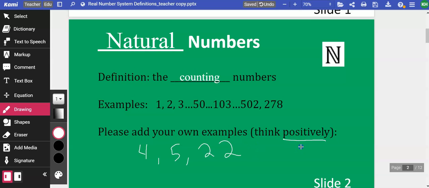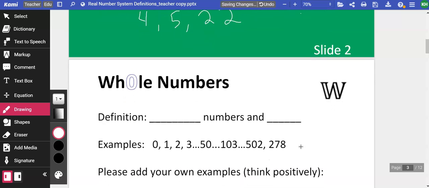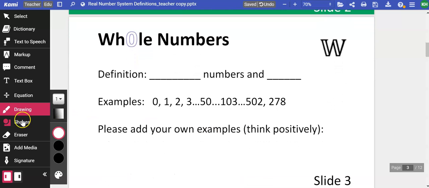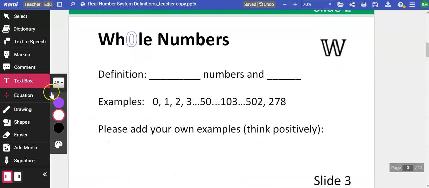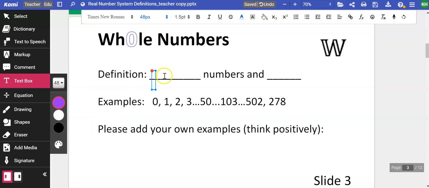All right, after you've added some examples, let's go ahead and look at the whole numbers. And I'm going to go back to the text box and I'm going to use purple this time. And okay, so the definition that I'm going to use for you guys is the whole numbers are the natural numbers.